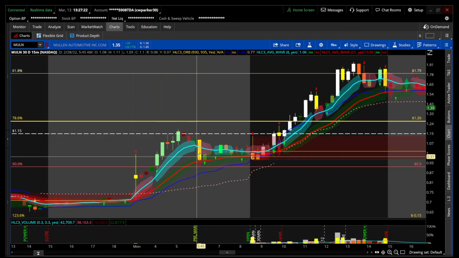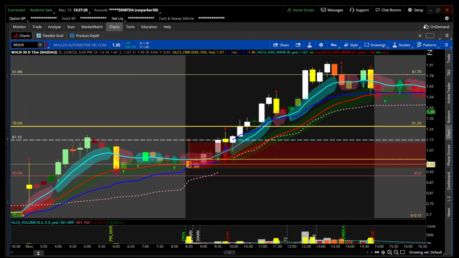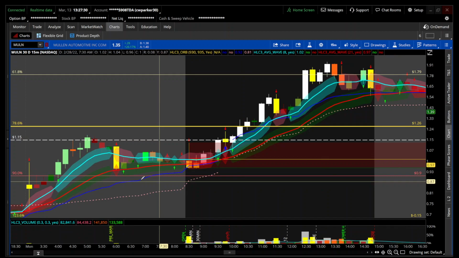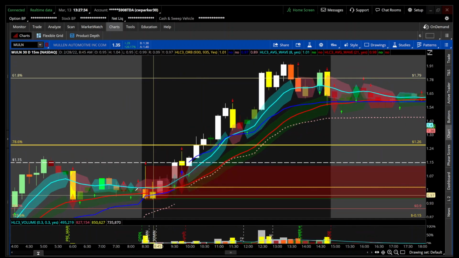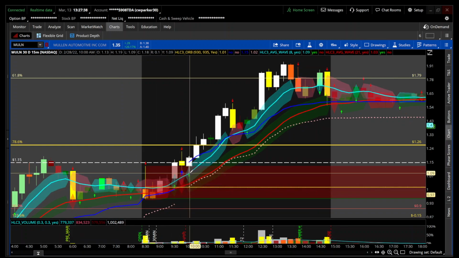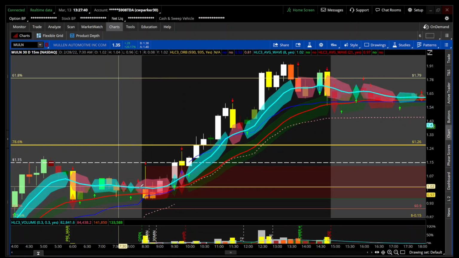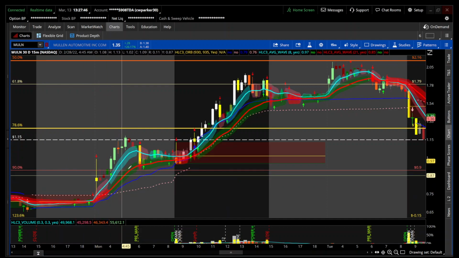And that's the indicator. That's basically what it does. And that's really all I have for you today. I'm just looking at it on MULN, where it gave you a buy signal here, but you really had to wait for the confluence. But the 8 never crossed below the 21, which is real interesting once it got here.